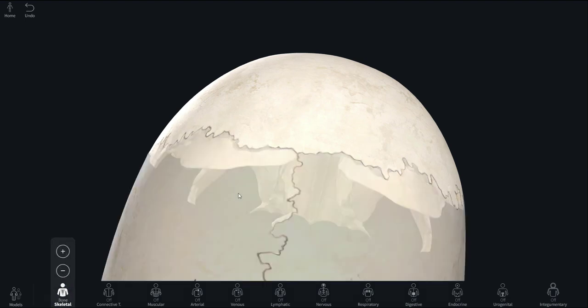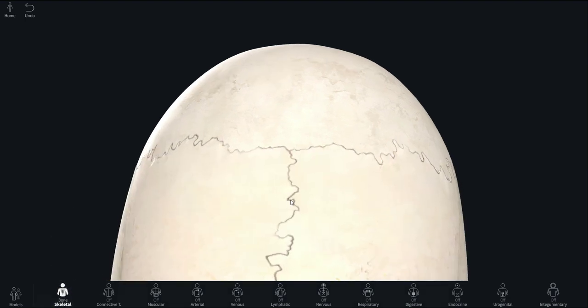So it is very evident that this is the suture along which the frontal bone is articulated to the two parietal bones, and this is the bregma, which we have already talked about, right? It is the point of meeting of the coronal suture over here with the sagittal suture over here, right?